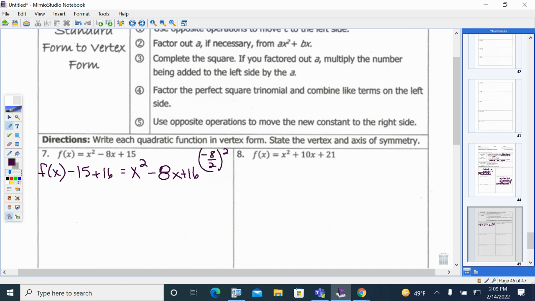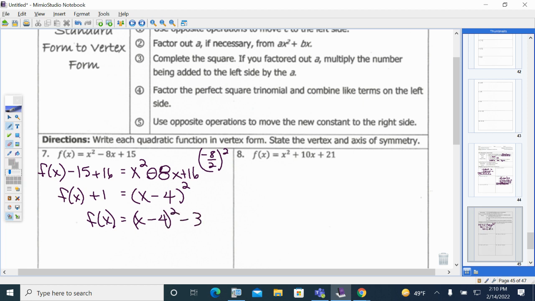The right side is now a perfect square trinomial, so we factor it into that binomial squared: x minus the square root of 16, which is 4. We combine our negative 15 and our 16, which gives us a positive 1, and then we move that 1 back to the other side using opposite operations.